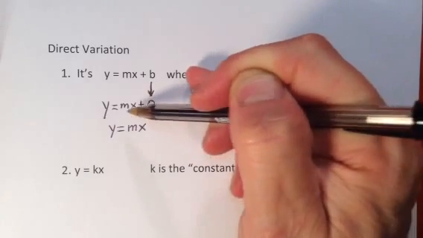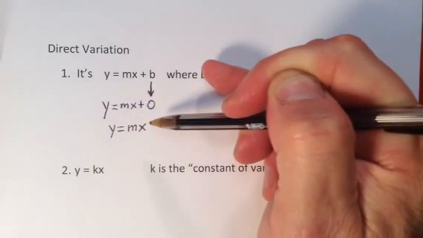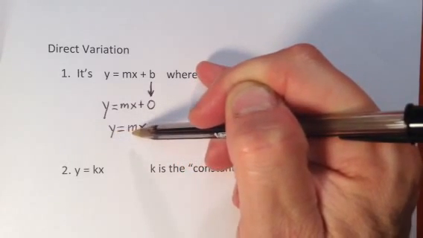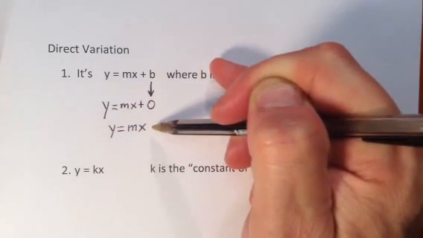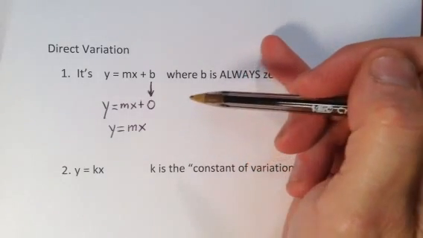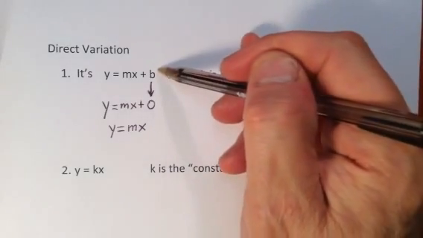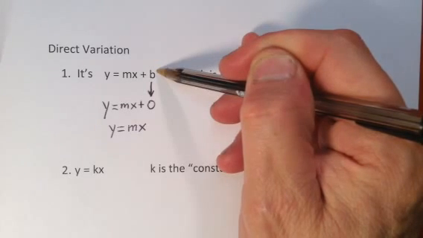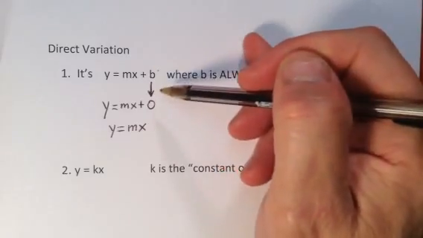Okay, so if you're able to solve an equation and you get y by itself, and then you have the slope times the x variable, and then there's nothing left, it's a direct variation. If you do have a y-intercept that is something other than 0, it's not going to be a direct variation, it's just going to be a line.